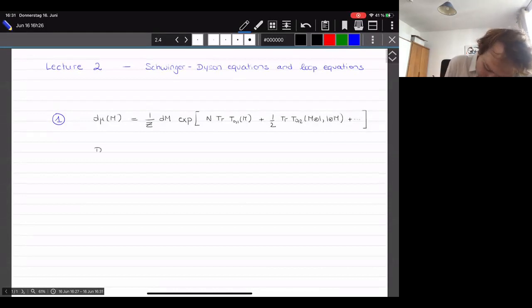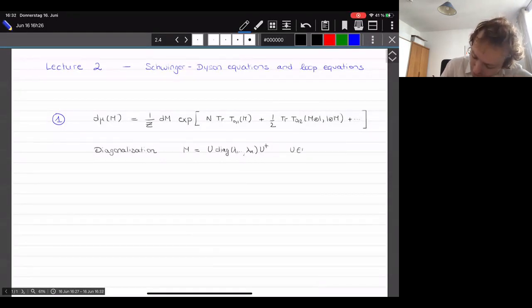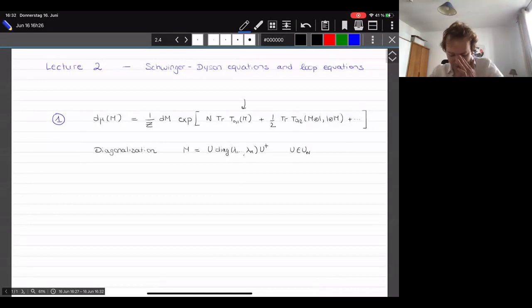So the first thing which I want to mention is that you can also, instead of working with the matrix entries, diagonalize the matrix. So up to a unitary transformation, you can write it as a diagonal matrix with real entries. And since here everything only depends on the spectral invariants of M, that's not going to depend on U, it's only going to depend on the lambdas.